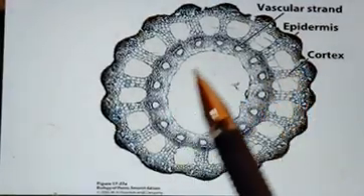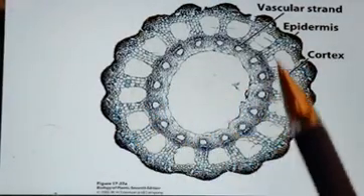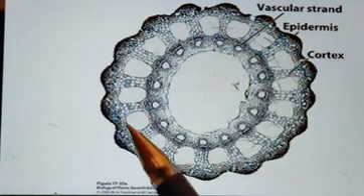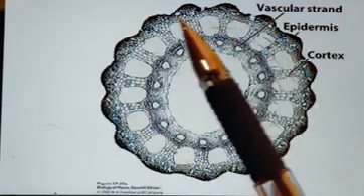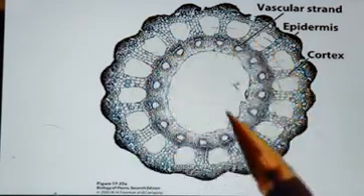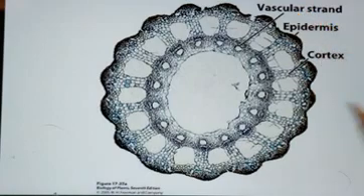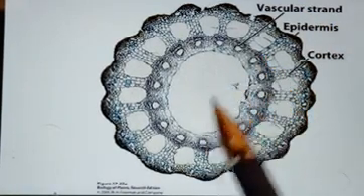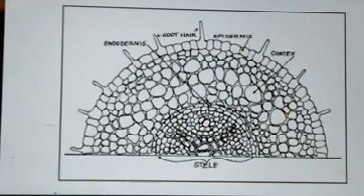So you can see here the TS of root: vascular strands, epidermis which is the outer layer, then cortex next to the layer, and the air cavity is also present. You can see here this is the central cavity, also called the vascular strands. Okay, so pith is totally absent.